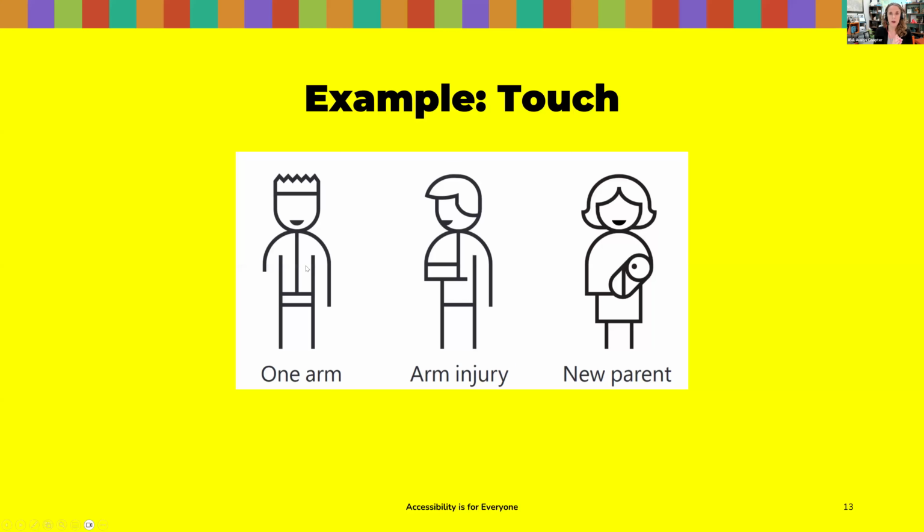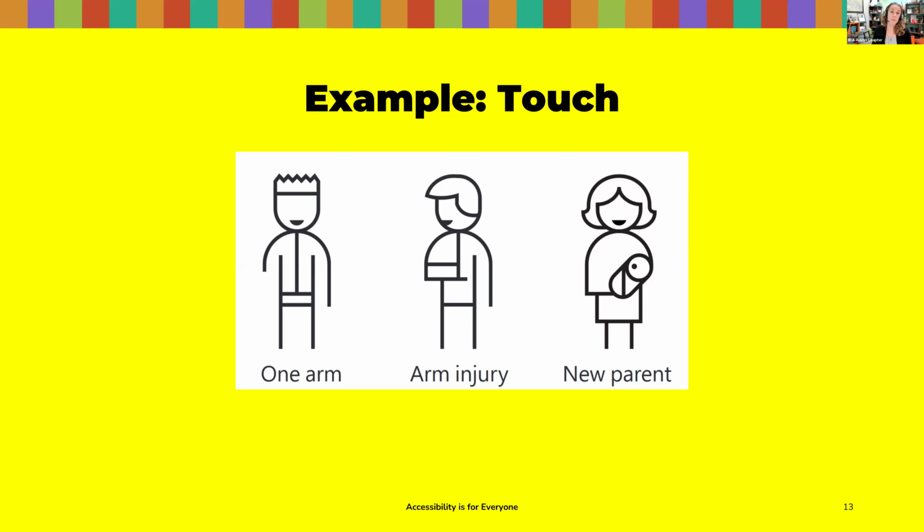So when we talk about the ability to touch, a permanent disability might be someone who is lacking part or all of their arm, right? Or they can't use their hands in some way at all because that's a permanent impairment for them. But there could also be a temporary impairment.